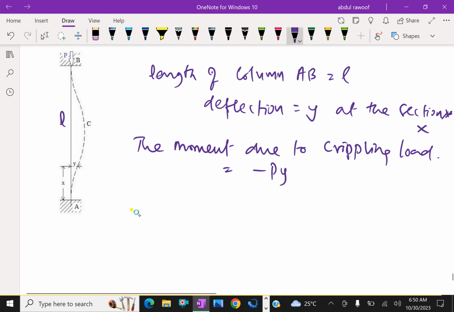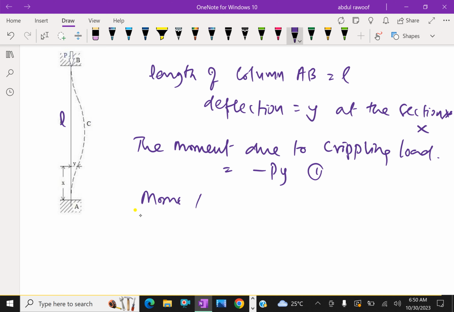Let it be equation 1, and the moment equals EI d square y by dx square.